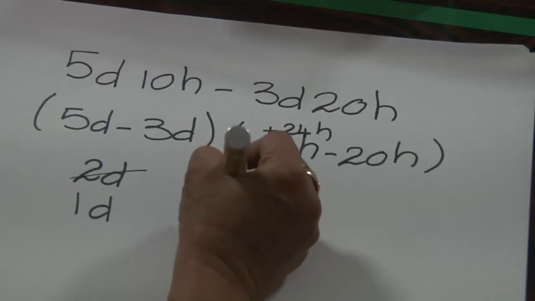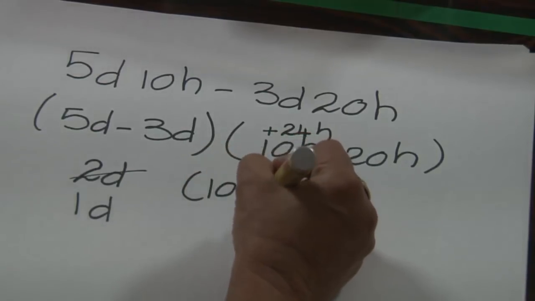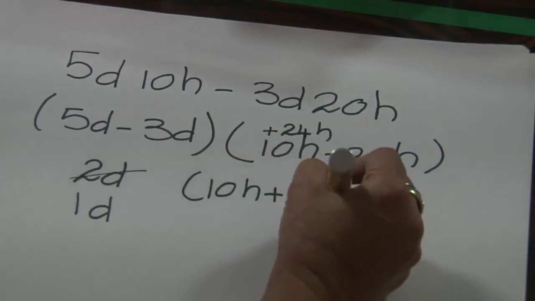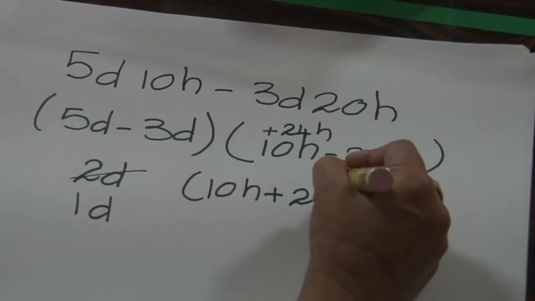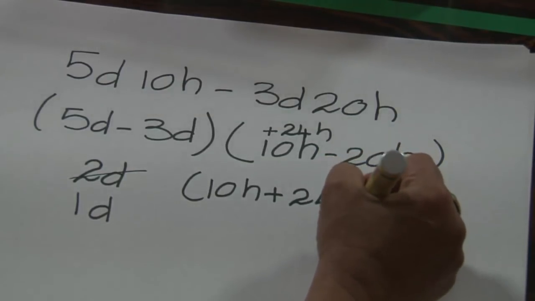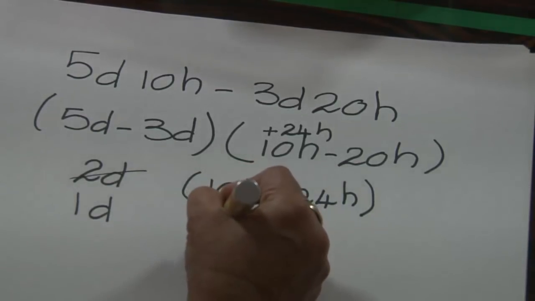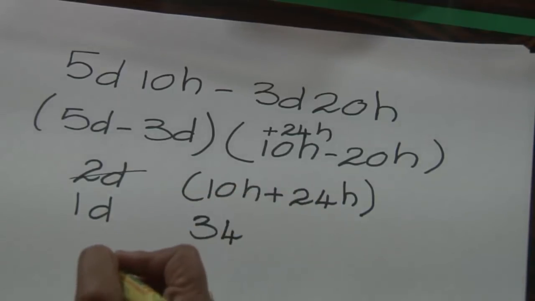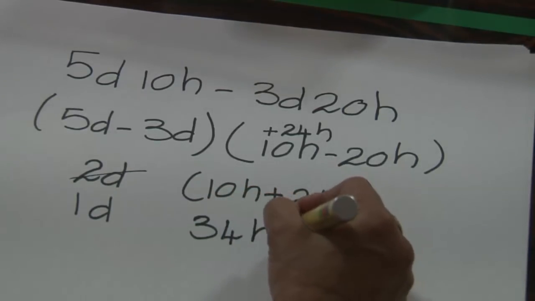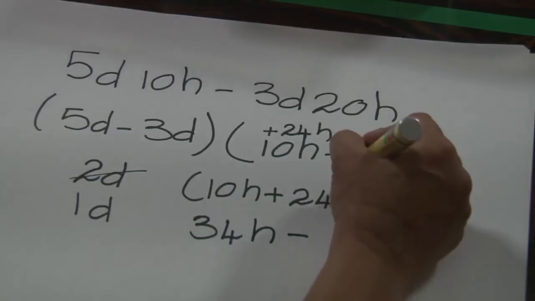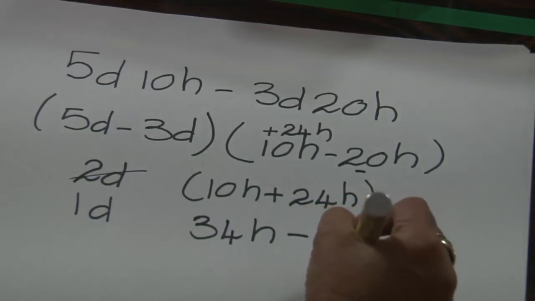I have 10 hours plus 24 hours, right? Which is equal to 34 hours minus my 20 hours.